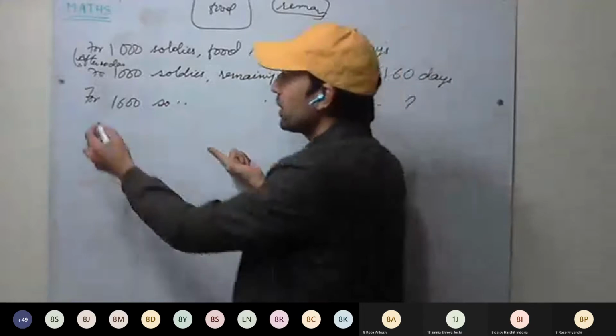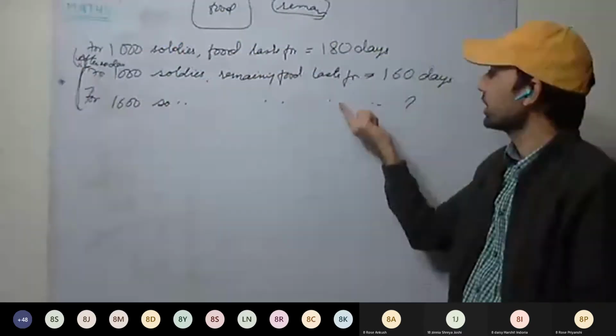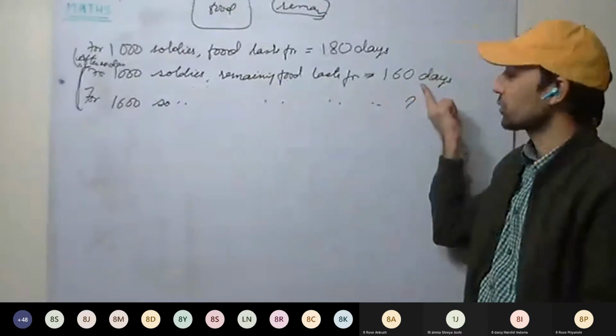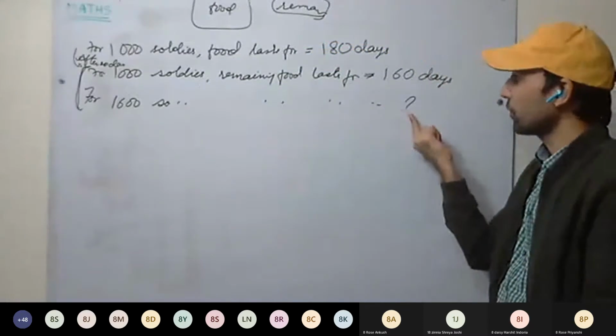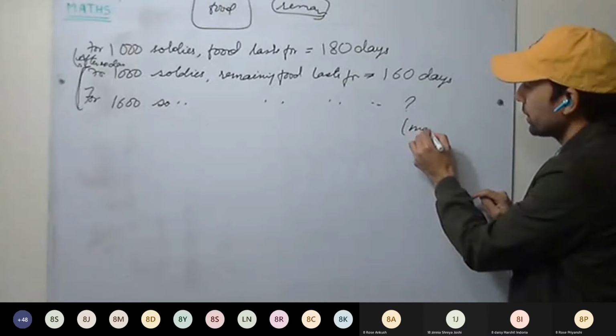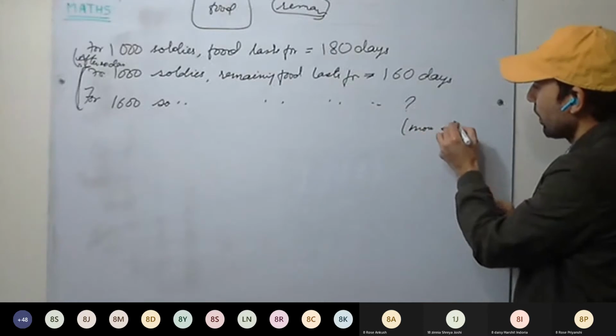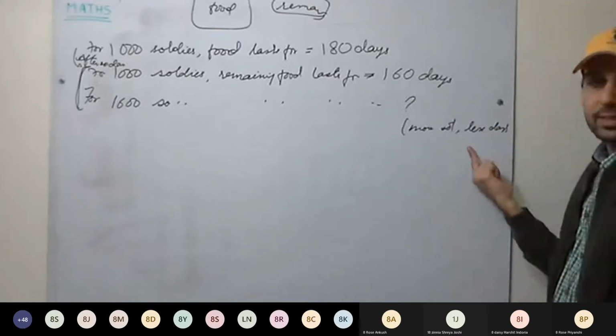So this is the story after 20 days. After 20 days, the story we are going to see. So for 1000 soldiers, remaining food lasts for 160 days. So for 1600 soldiers, the remaining food will last for fewer days. More soldiers, less days.